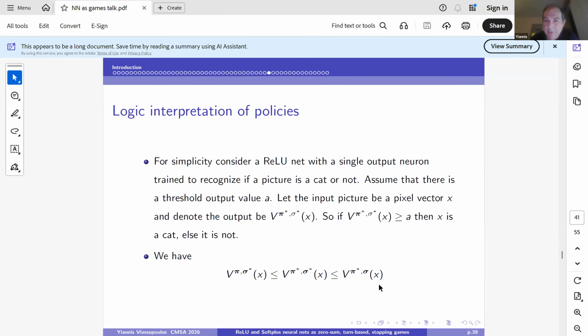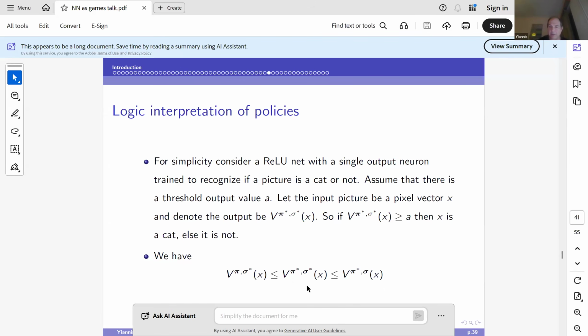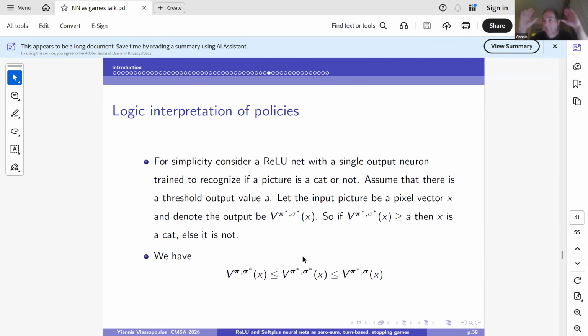So how can we interpret this using the fact that this computes the value of a game? Well, the value corresponding to the optimal policy is really a saddle point in the space of policies. If you move sigma a little bit, the value is going to become bigger, which is what sigma doesn't want.